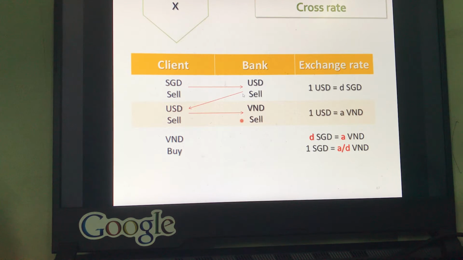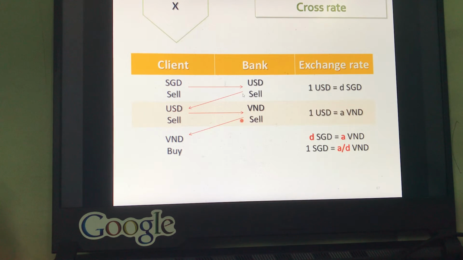The bank buys commodity currency, so the bank will apply the bid rate in the exchange rate of USD against VND. And here, 1 USD equals A VND, and finally, the client holds VND in hand.